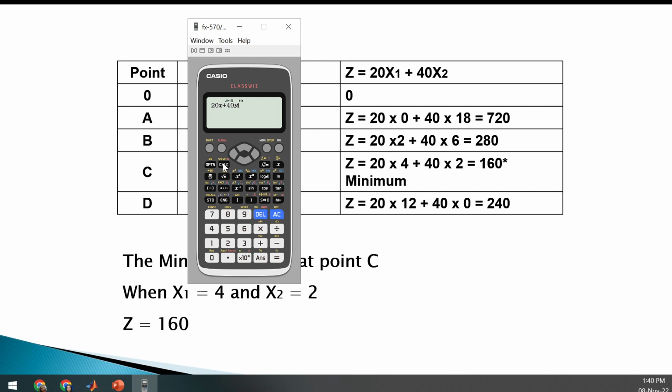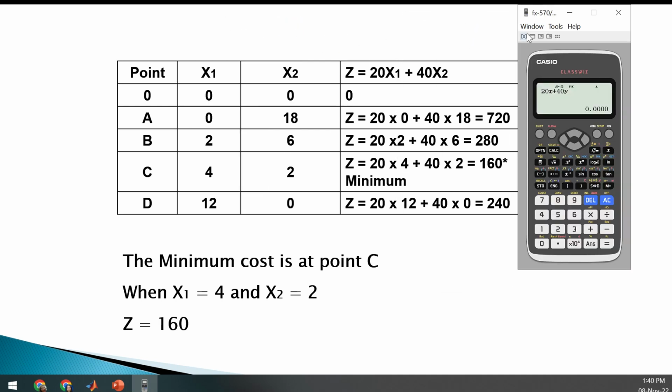So 20x plus 40y. First of all, x is 0, y is 0, so of course you get 0. Later on, calculate for corner point A, where x is 0, y is 18.